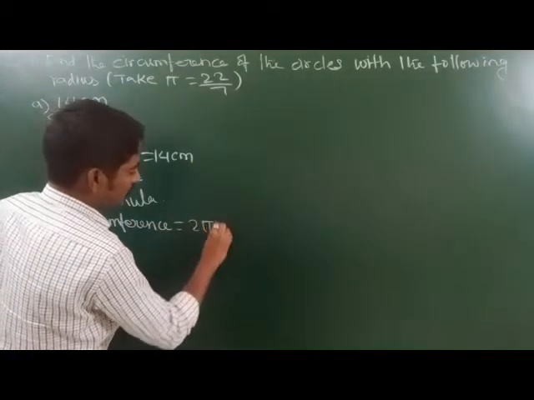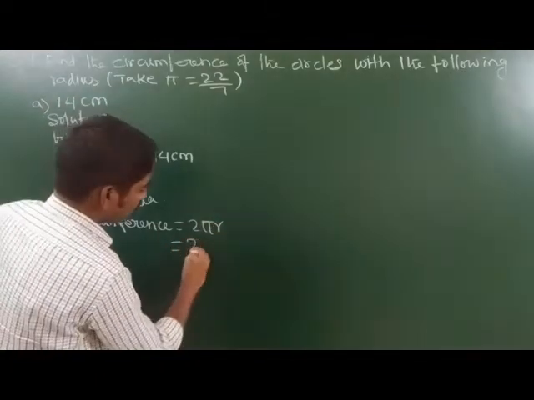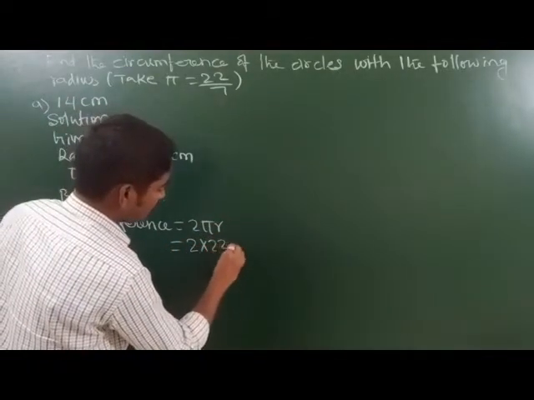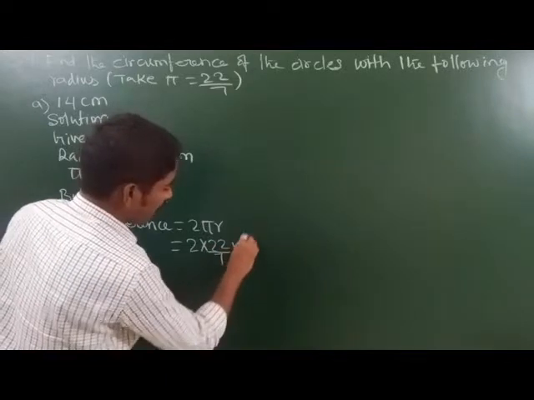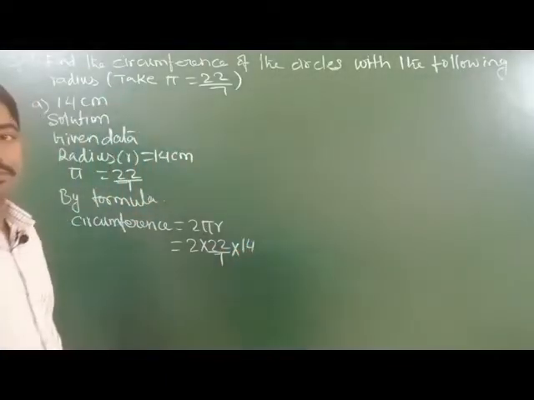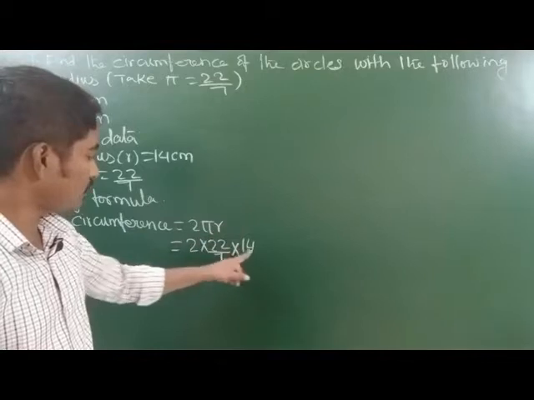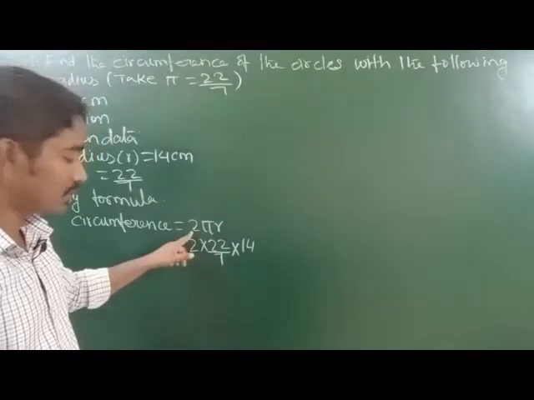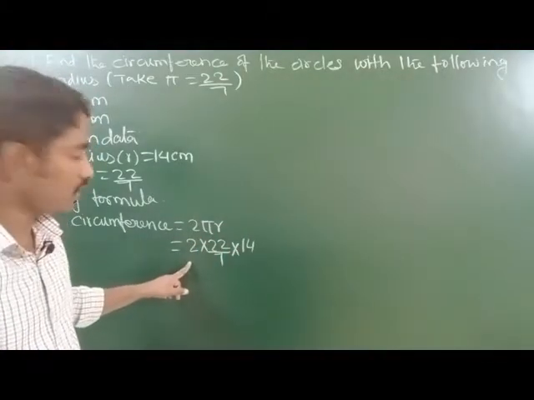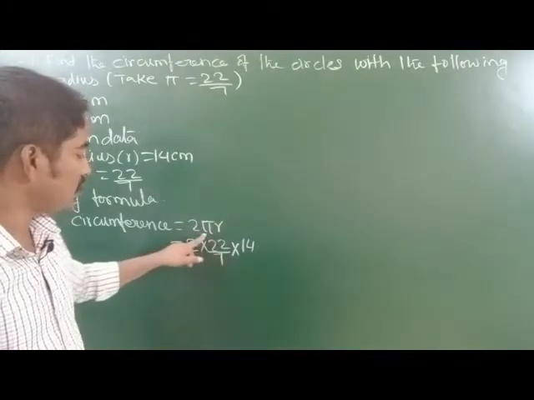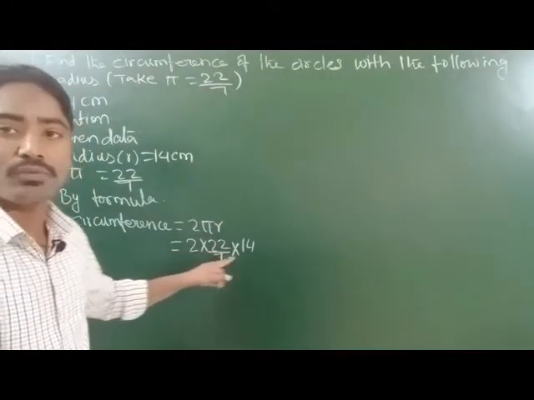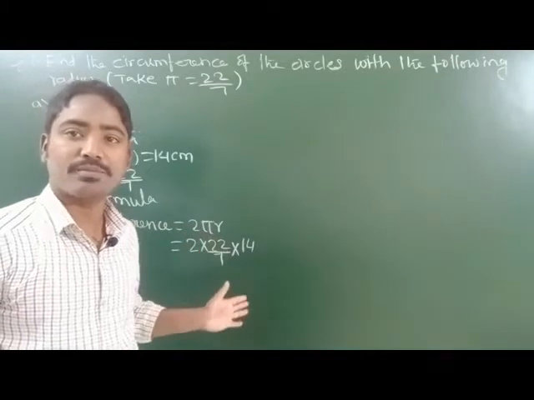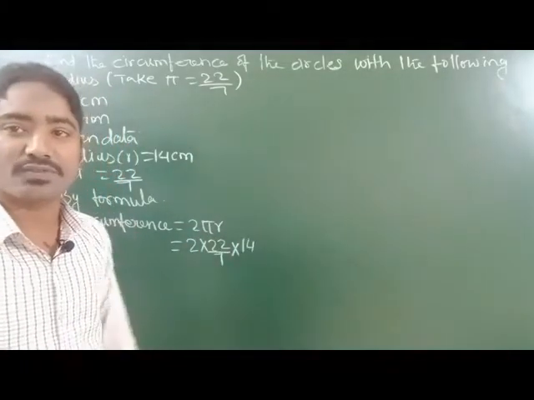2 pi r. Now here 2 is constant, pi value we have been given 22/7 and r is given as 14. So I put here r is equal to 14, pi is equal to 22/7, 2 as it is. Okay, now in between these all three multiplication sign is there, so I put multiplication sign. Now I have to simplify this one, then you will get the circumference of the circle.